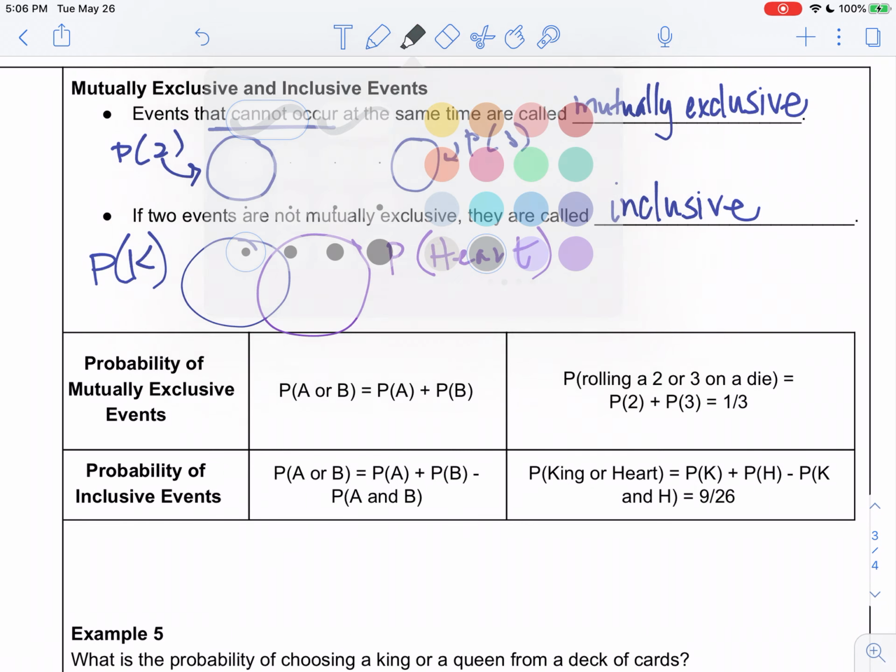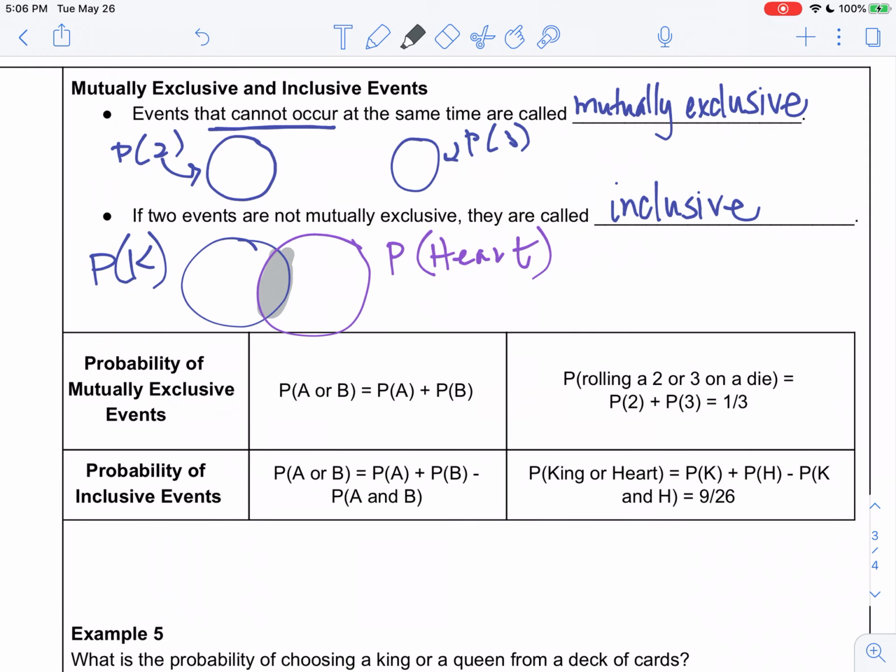This overlapping area that I'm showing in my Venn diagram would indicate the inclusivity, and that would be the king of hearts. So if I'm talking about the probability of picking out a heart or a king, I can't just add those together because they have something in common. So let's take a look.